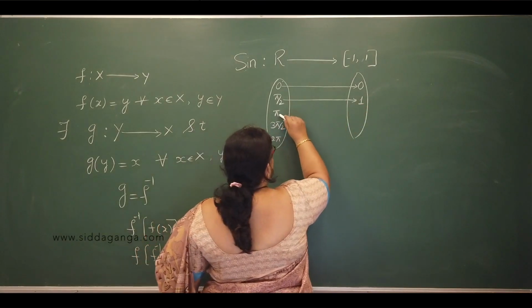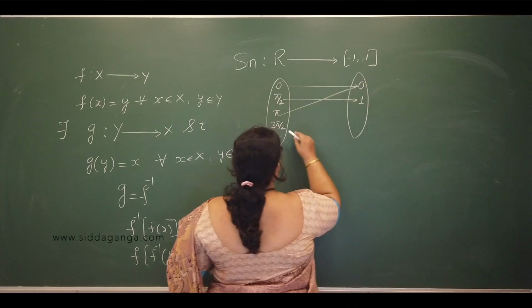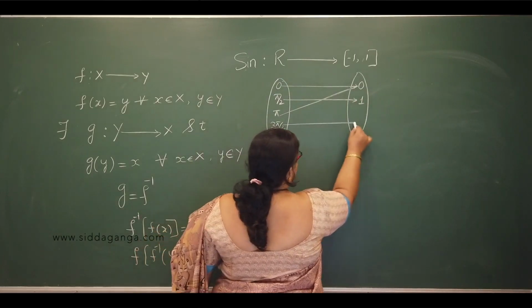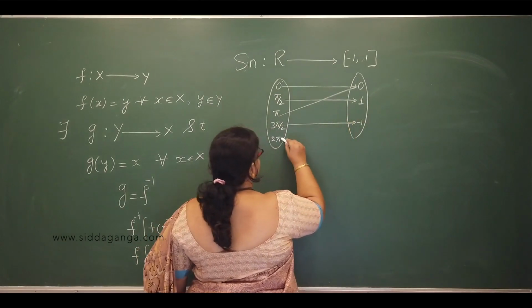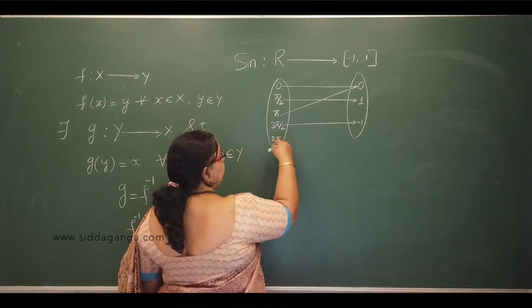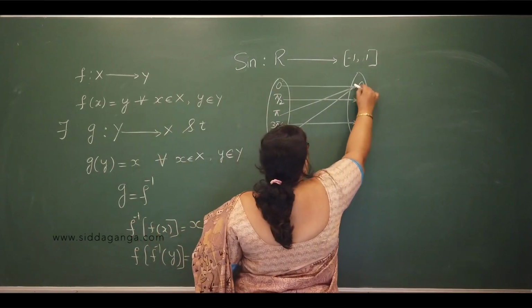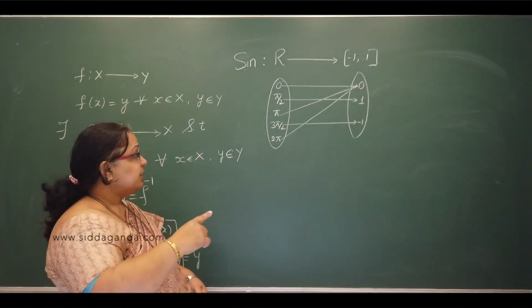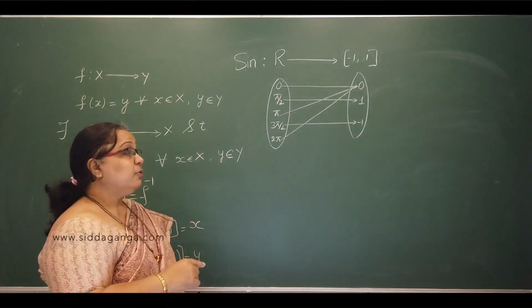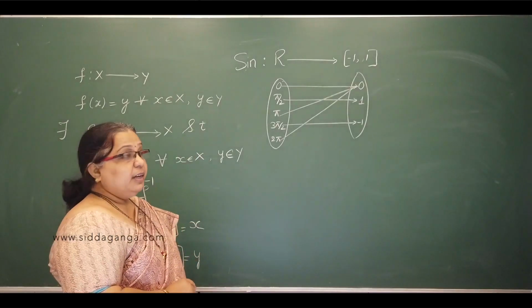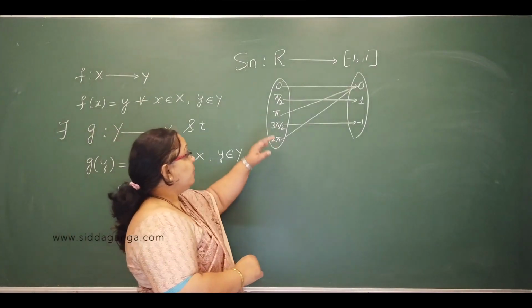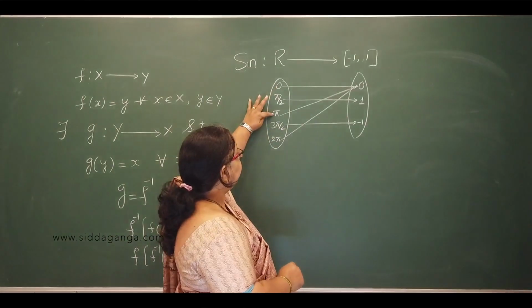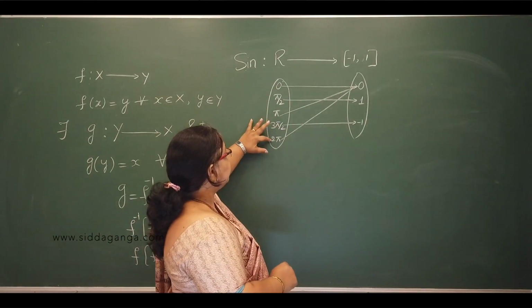Sine 180 degree is 0. Sine 270 degree is -1. Again, sine 2 pi repeats. Sine 360 degree is also 0, so it maps to 0. Here 0 degree, 180 degree and 360 degree.